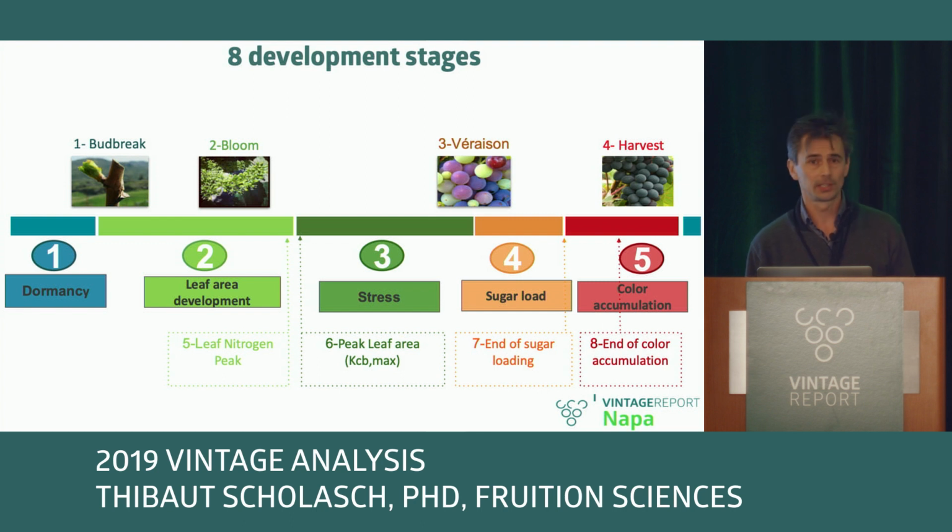And then we have stage 7, which is not Brix, which is really how much sugar is actively feeding in a berry that maybe has already achieved its maximal size. And then we have the end of color accumulation, that is, how the berry skin surface is accumulating anthocyanins.